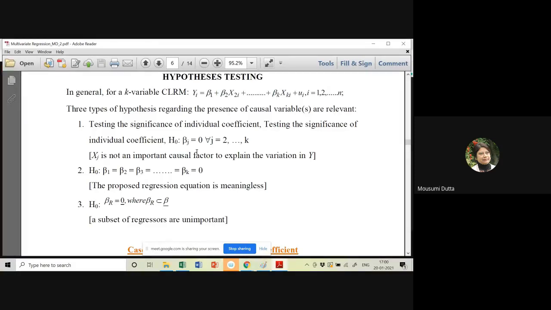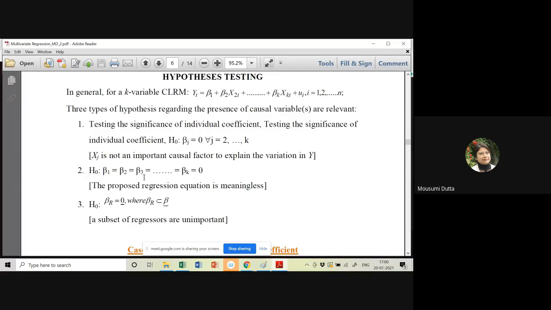The second variety is you can run a test to check whether overall the model is significant or not. To do this, we consider all coefficients present in the model: beta 1 is equal to beta 2 is equal to beta 3 is equal to up to beta k is equal to 0.